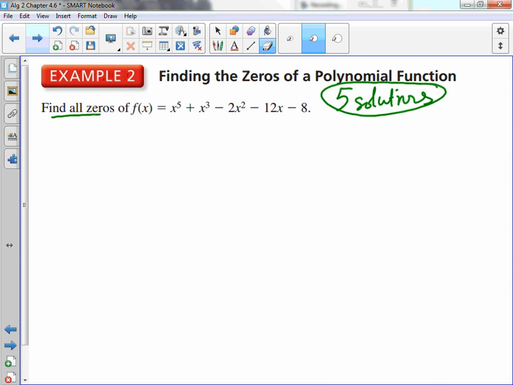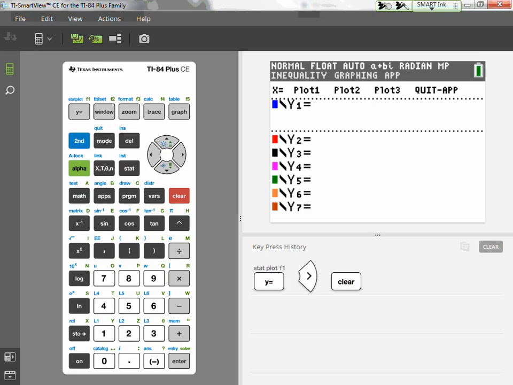So what would y'all do? What would be the first thing we can do to start trying to find solutions for this? Graph it. Let's graph it in the graphing calculator. To start off, we would hit y equals.